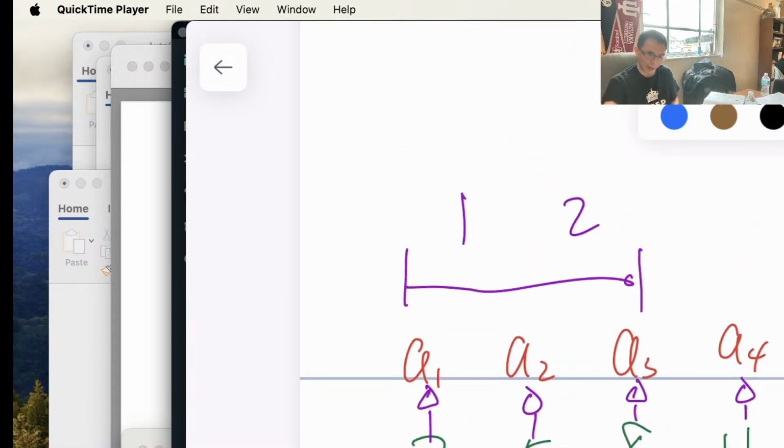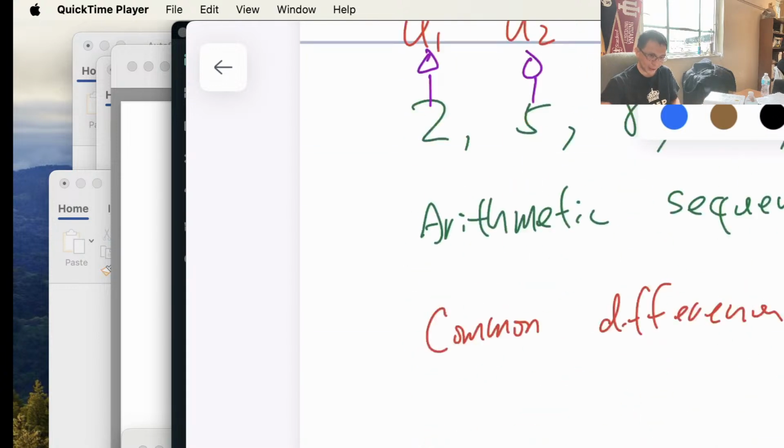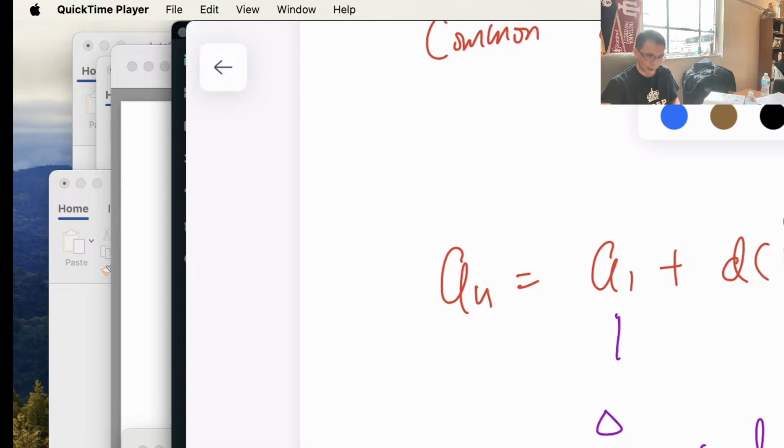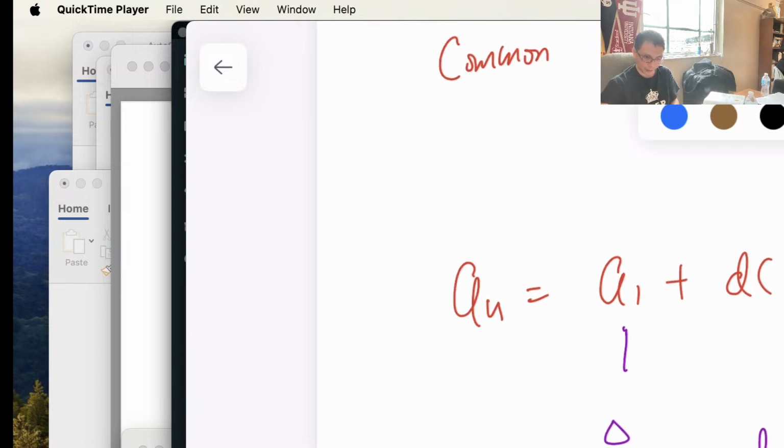Think about it. If I have 5 trees, 1, 2, 3, 4, I have 4 spaces. So you're basically adding the common difference multiplied by how many spaces there are.